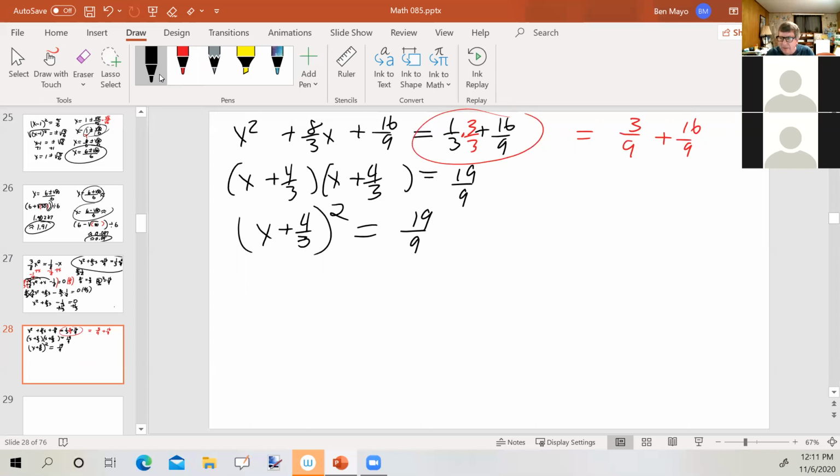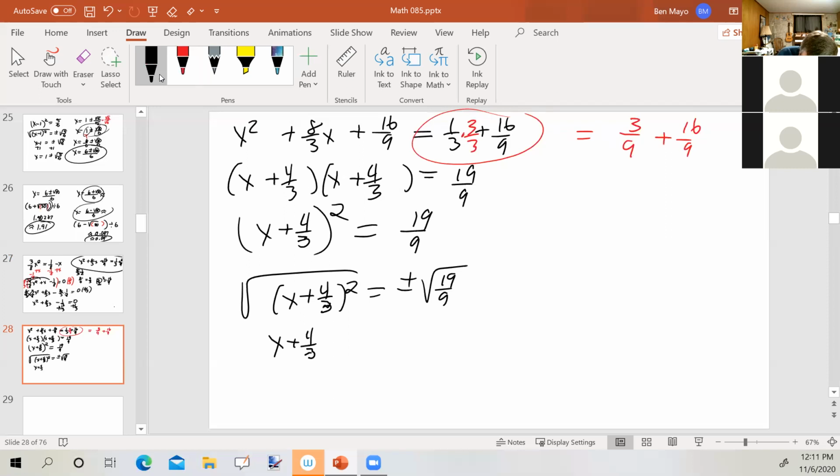I got all of that done so that I could take the square root of both sides of the equation. So x plus 4/3 equals plus or minus the square root of 19 over the square root of 9, which is 3.